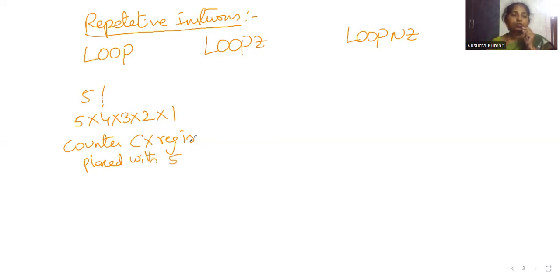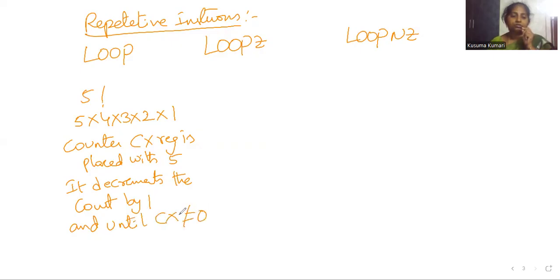So loop means what? First it decrements the count by 1, and until the CX register is not equal to 0, the instructions will be executed repeatedly.